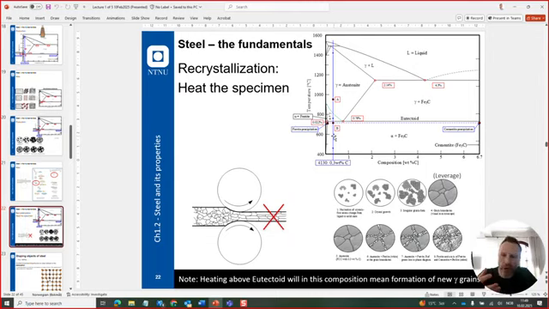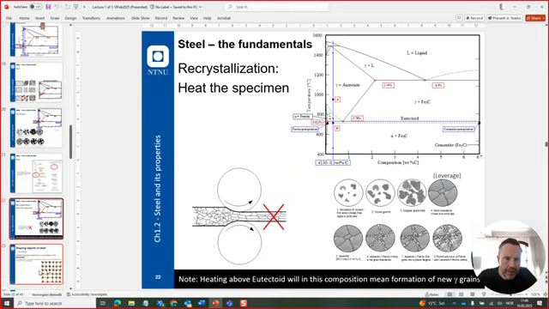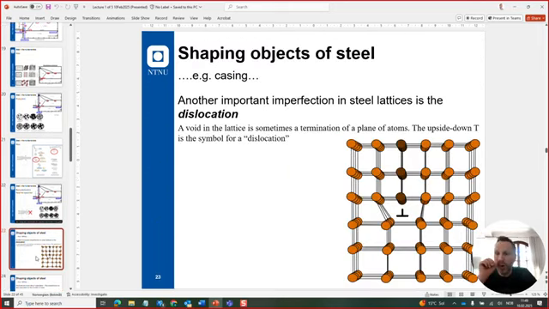More about what is going on when you deform a steel specimen into whatever you would like it to be: casing, a nail, a part for the automobile industry, whatever it would be. One of the imperfections in a steel lattice is called a dislocation.